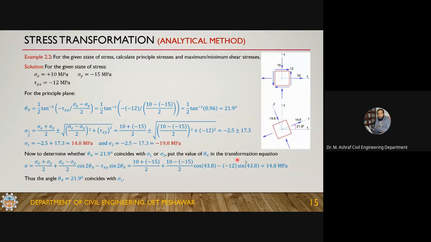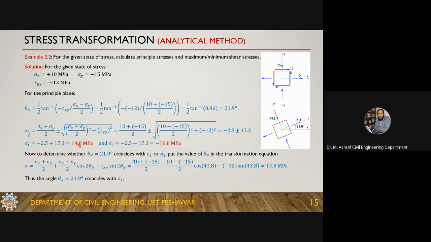So put the value of theta n in the transformation equation. This is the transformation equation. Put the value of theta n in this expression. 21.9 times 2 is 43.8, and plug in the value, so you will get either 14.8 or minus 19.8. So here I get 14.8, so it means that 21.9 is associated with what?